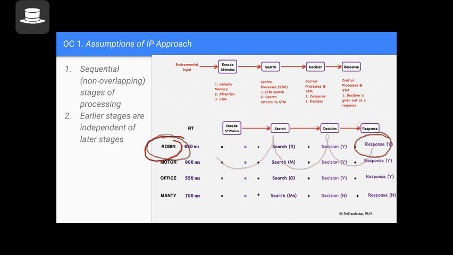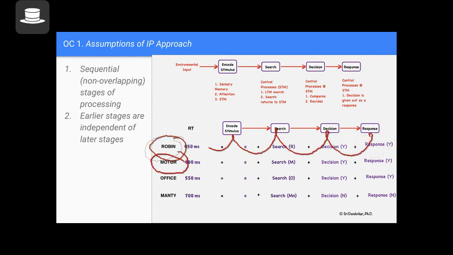But it also means one more important thing here. Let's say you have encoded Robin, right? And you went through the process of response. Then you're going to a next word. Now this next word's earlier stage, which is encoding, is independent of the response you have given to the previous word.